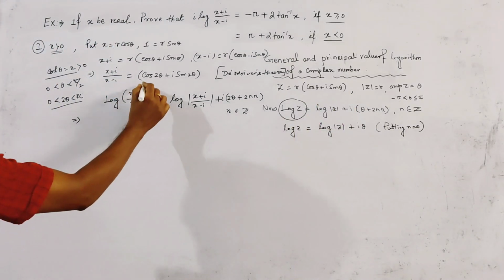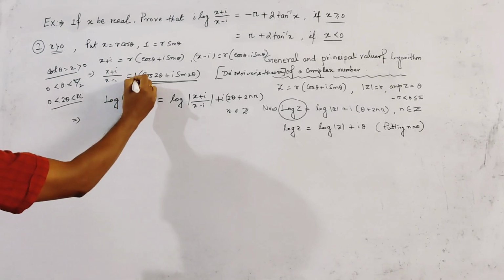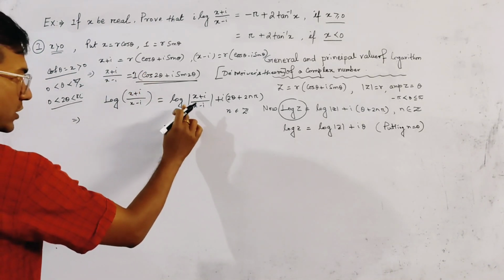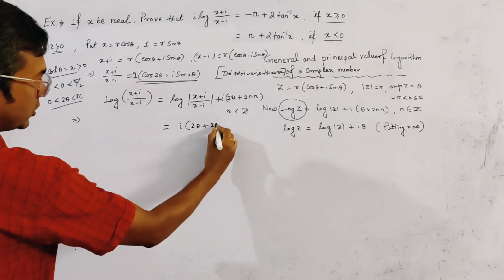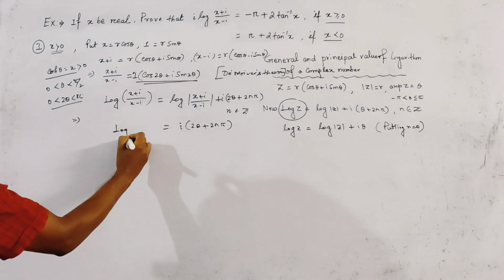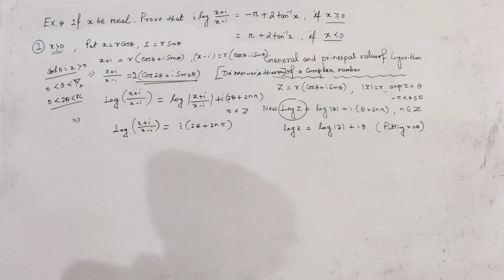Now clearly the modulus of this complex number is 1, because r equals 1 here. Log 1 means 0, so we get i(2θ + 2nπ). This is capital Log of (x + i)/(x − i).